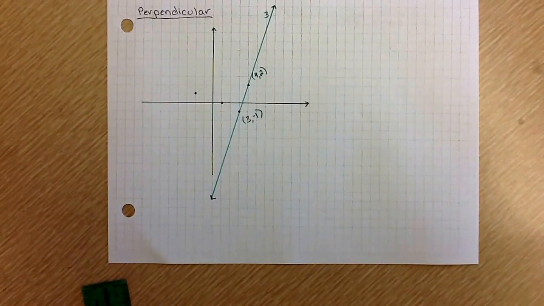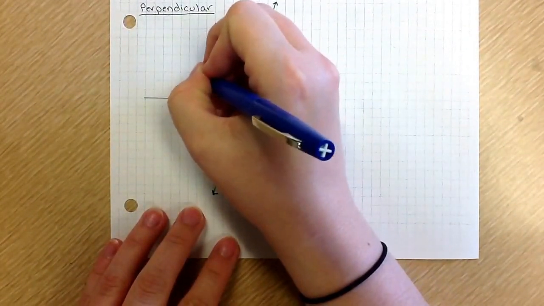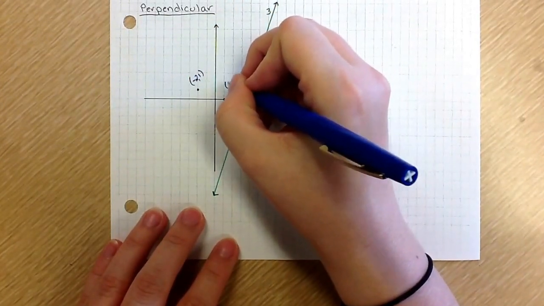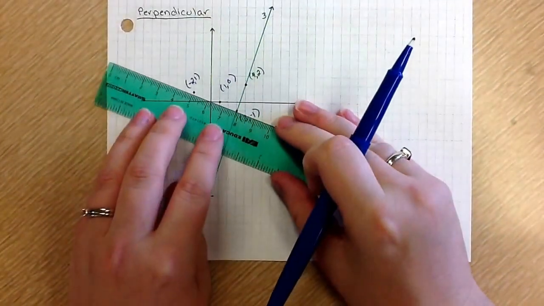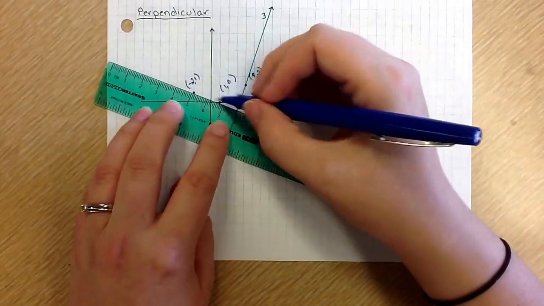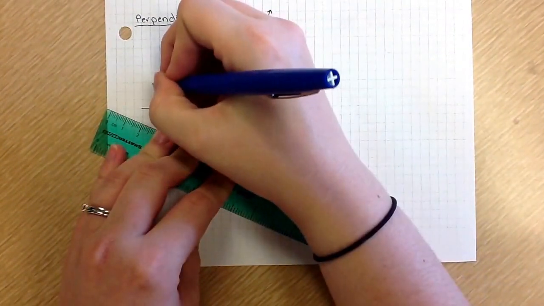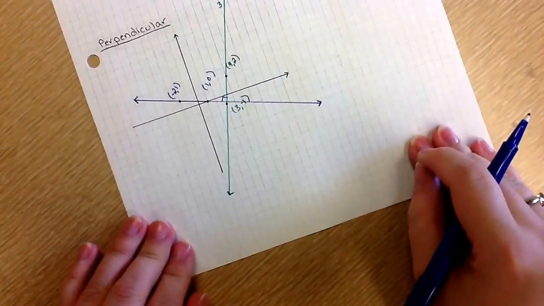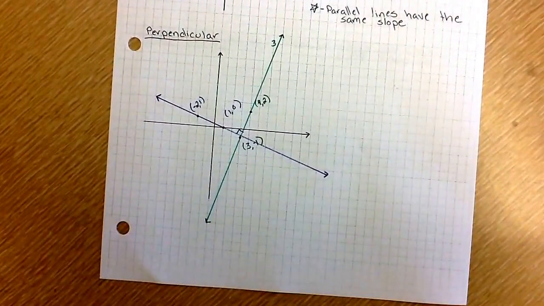And then let's connect these 2 points. This is the point -2, 1. This is the point 1, 0. Now these 2 lines intersect at a 90-degree angle. Okay, see? 90 degrees. So they are in fact perpendicular.